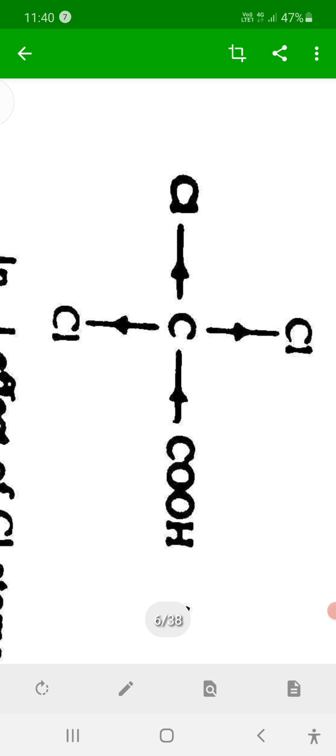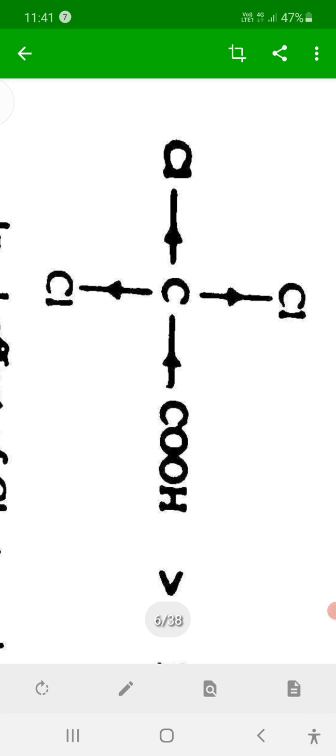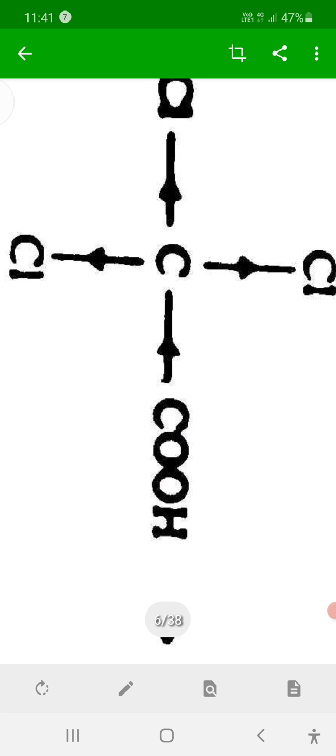Therefore, the carbon to which those 3 Cl are attached becomes highly deficient because its electrons are pulled by those 3 Cl, and that deficient carbon more powerfully pulls electrons from this COOH carbon.